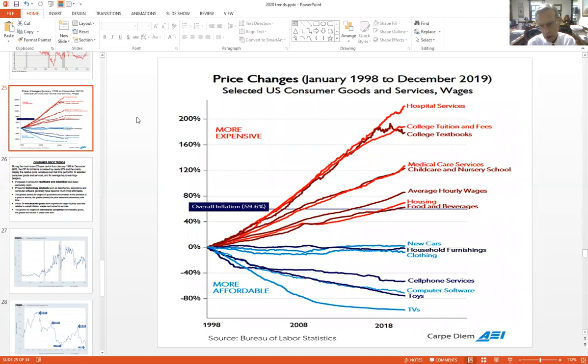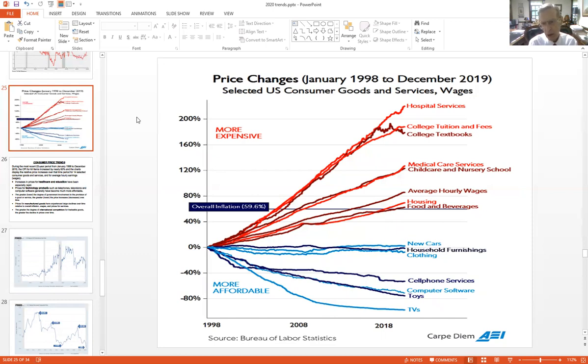Here are some trends in prices, or the changes in prices that have been occurring in a variety of categories that are most important to you and me. And by and large, these are products that we think we either can't do without or we don't want to do without.